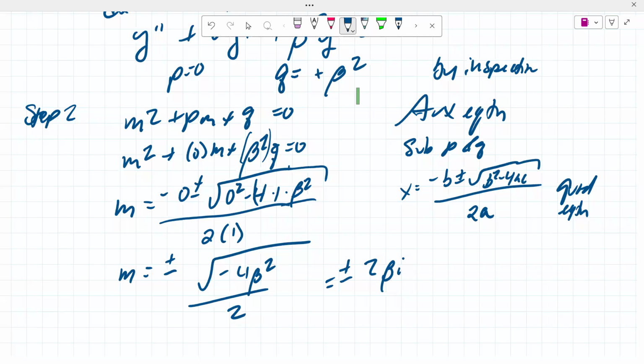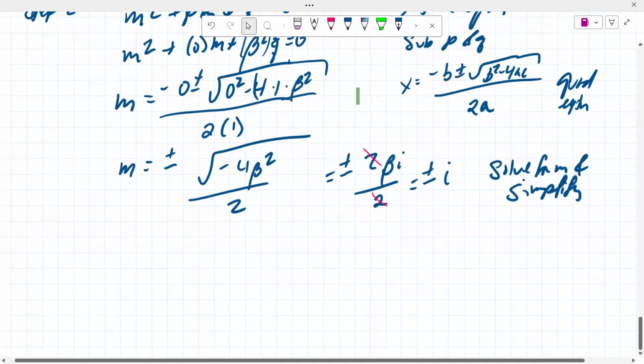So you see that having the beta squared as our constant was useful because now that allows us to just cancel that out. And here we're going to cancel the 2's. Equals plus or minus beta i. This is solved, and simplifying the equation. Great.